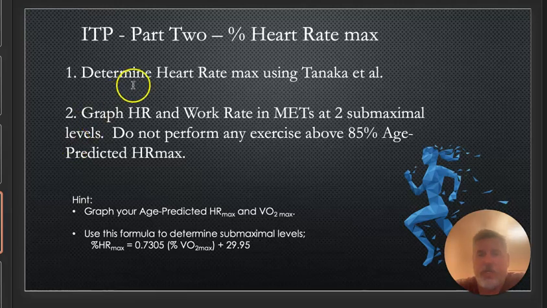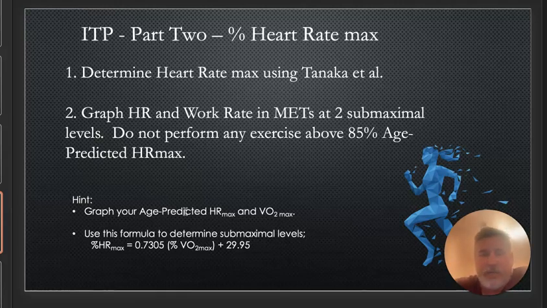Part two, you're going to determine your heart rate max using your age and Tanaka et al. You're going to graph your heart rate and work rate in METs at two submaximal levels. If you actually perform an exercise, make sure you don't do it above your 85% age predicted heart rate max. Another way to do this is if you haven't done like a treadmill or a bike or gone out and walked at different speeds, but you could do that.